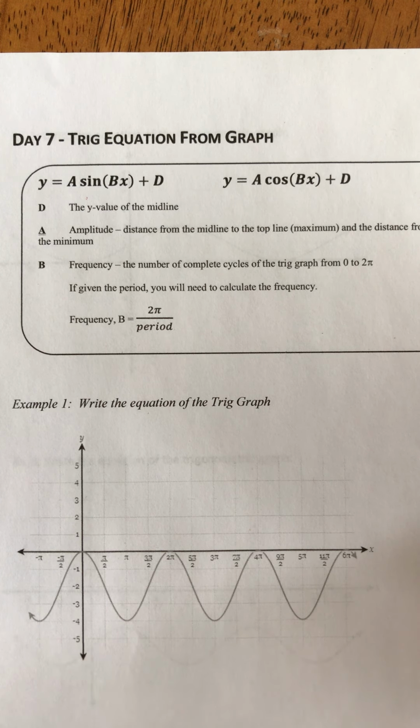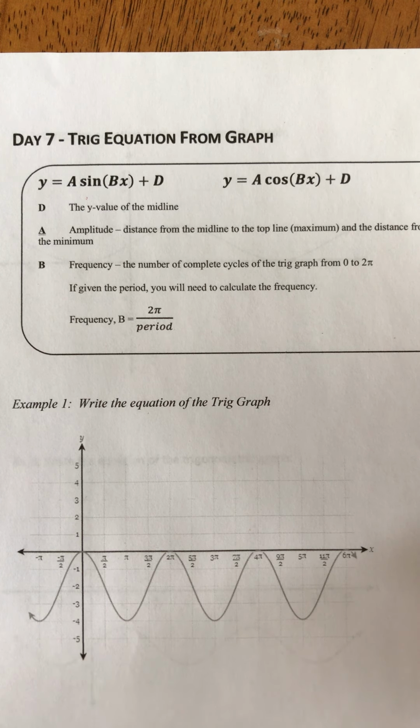All right, the next thing I need to do is locate my amplitude. So the amplitude counts from the center line to the top, that's 1 square. Center line to the bottom, that's 1 square. They'll always be the same. That's my amplitude. The next thing I need to do is identify, is this graph sine or cosine? Let's take a look. On the y-axis, its starting point is here, okay?